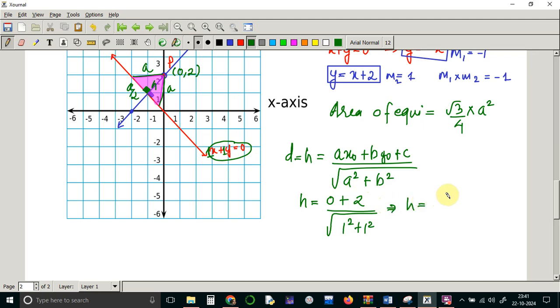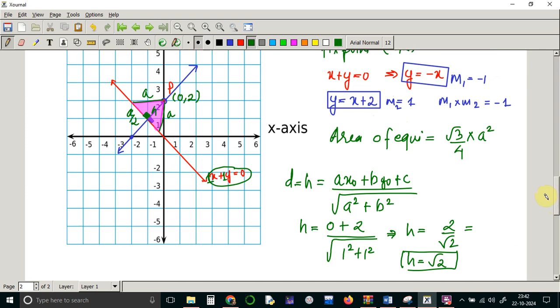So the height is 2 divided by root 2. So the height is root 2 units. Now I got this height as root 2.